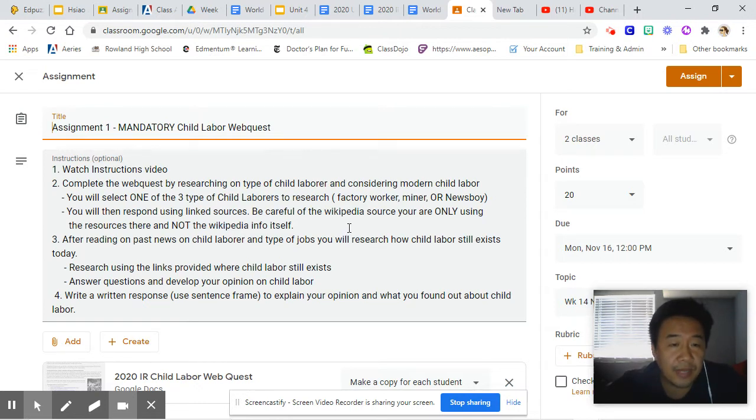So there's three. There's the factory worker children. There are miners, so not minors under the age, but people that actually mine coal. This is another example you can choose from, child miners. And then of course there's the newsboys.